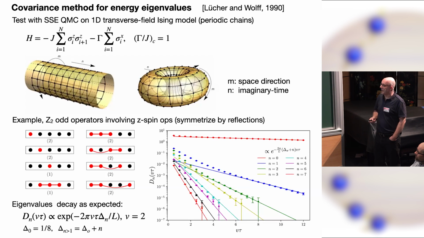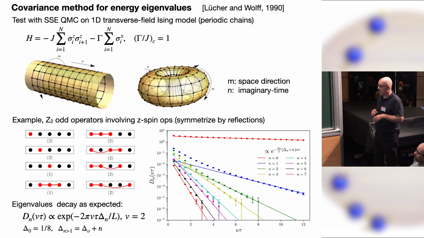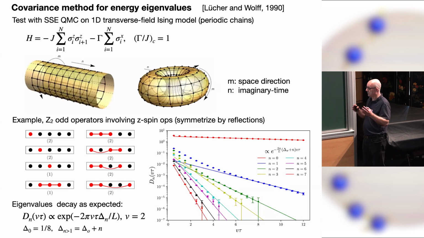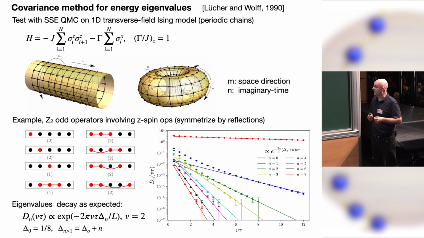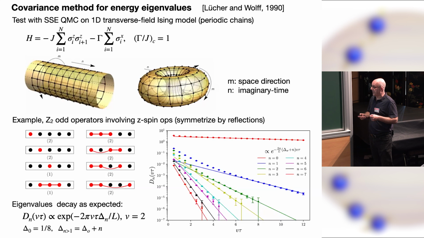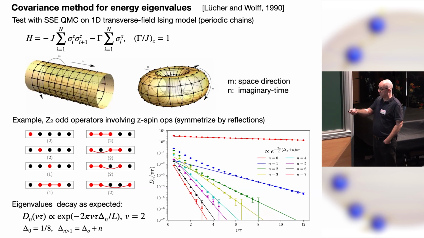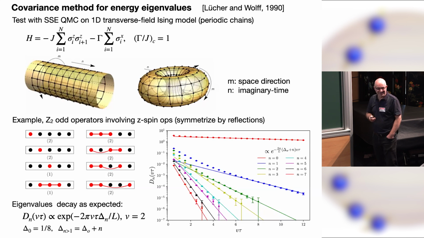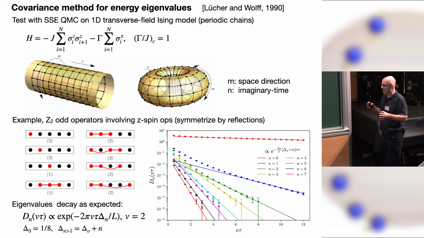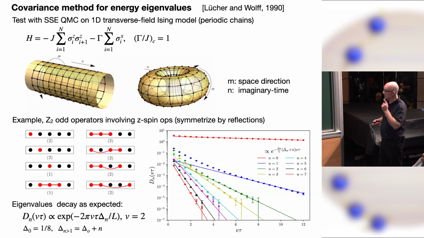And indeed, as expected, if we diagonalize the covariance matrix, we get these eigenvalues that decay exponentially, and in this case we know the velocity is exactly 2. By the way, the font here is annoying because this is v, but it looks like a nu, right? This is always the problem, nu and v, and sometimes people get confused.